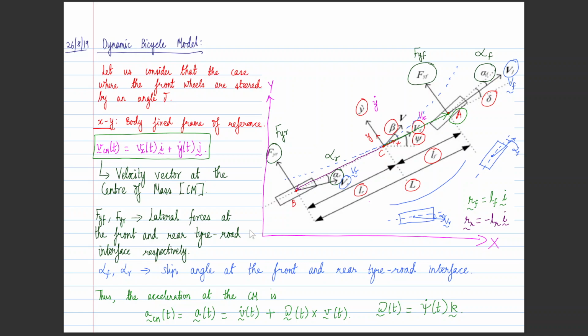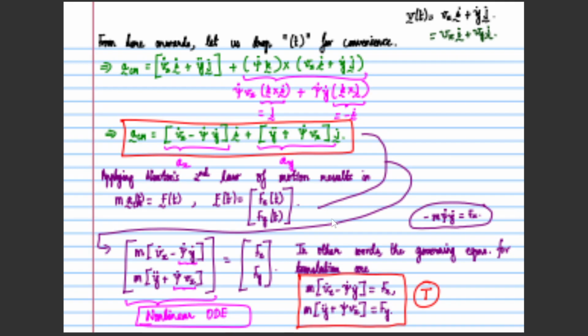Then we can write the acceleration at the center of mass as v dot(t) plus omega cross v(t), right? And omega is psi dot into k cap, where psi dot is the yaw rate.